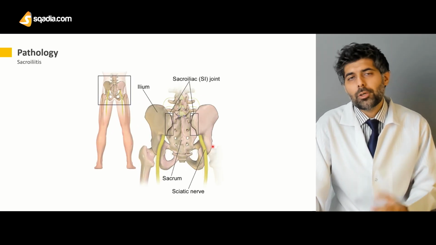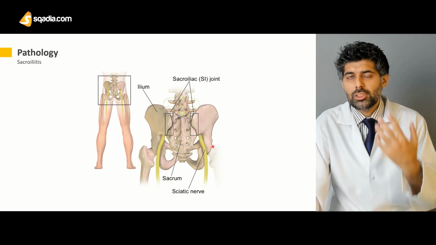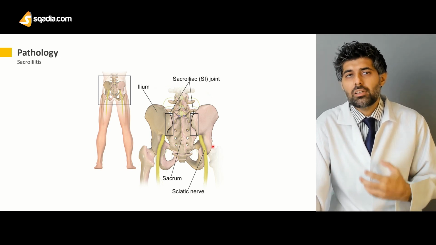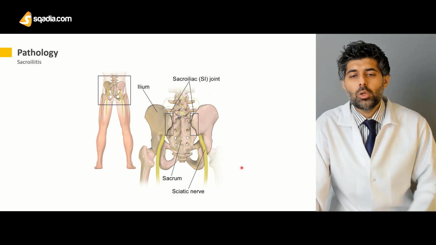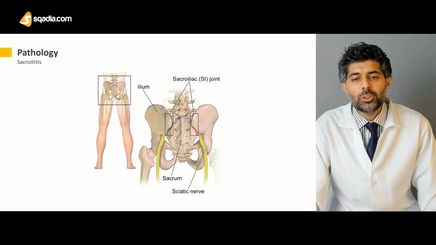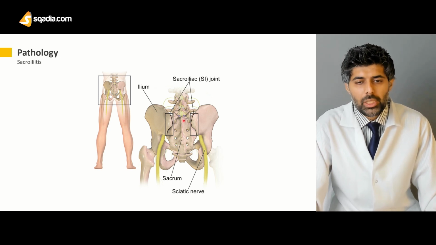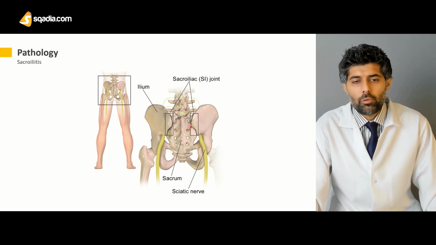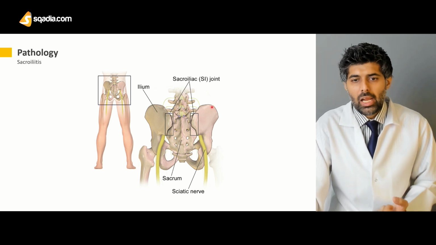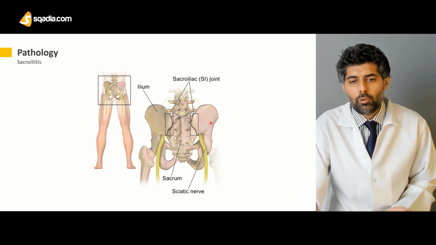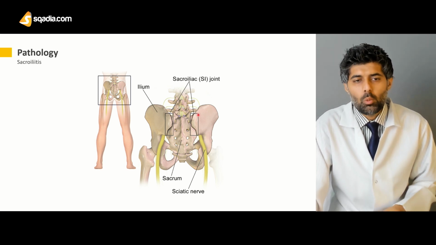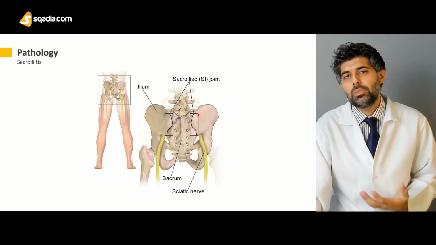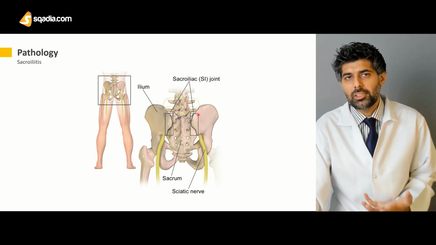Now, sacroiliitis is the inflammation of the sacroiliac joint. By the sacroiliac joint, we mean the synovial joint that is formed between the sacrum of the vertebral column and the ilium part of the hip bone. This synovial joint, when inflamed, is termed sacroiliitis.